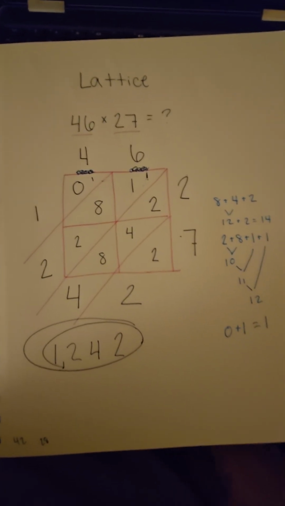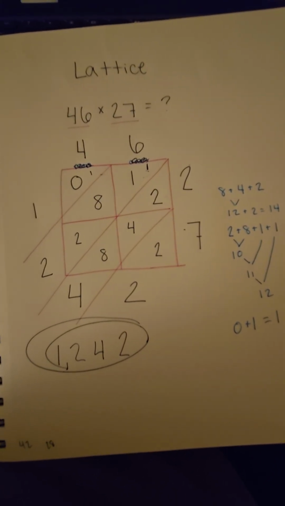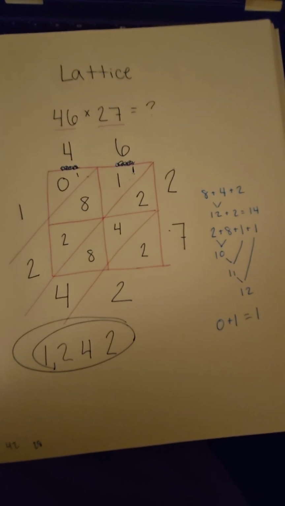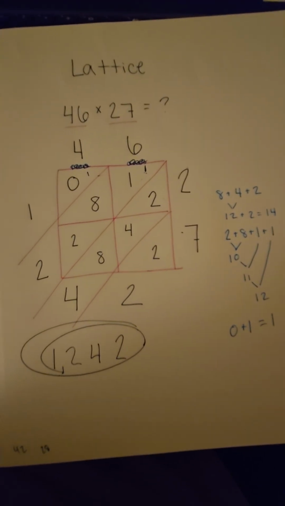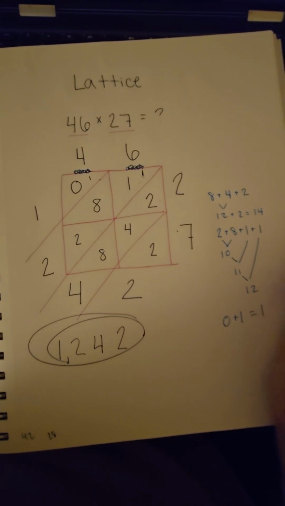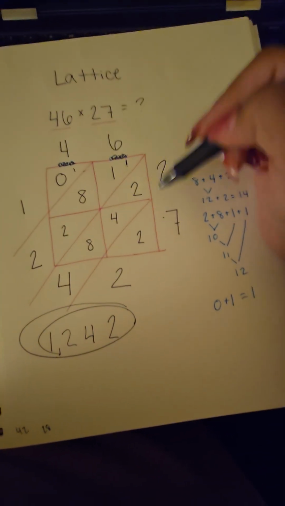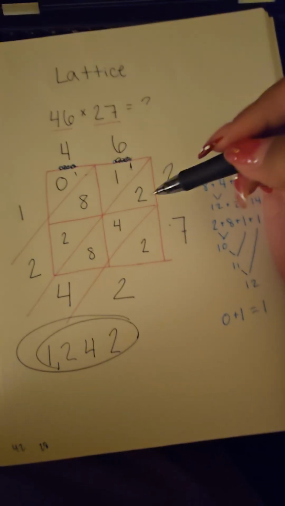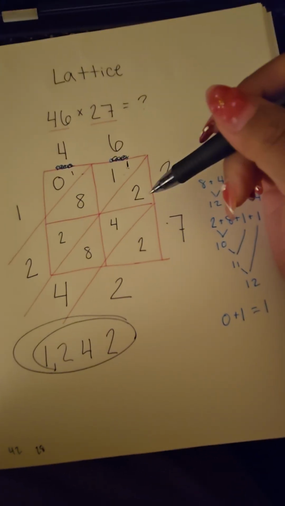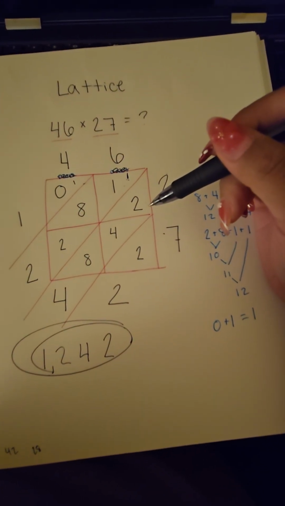I love this method. It is the method that I was taught along with a few others, but this is the one that really stuck with me my entire life. I like it because I could do it one by one. It's pretty easy for the most part.